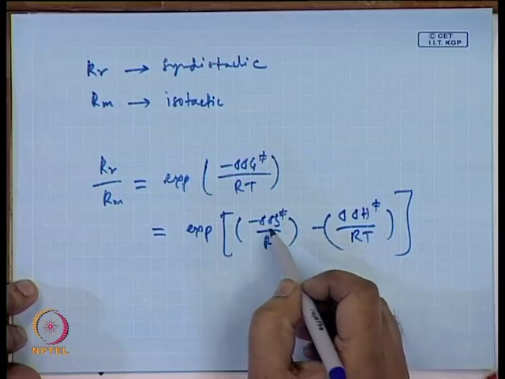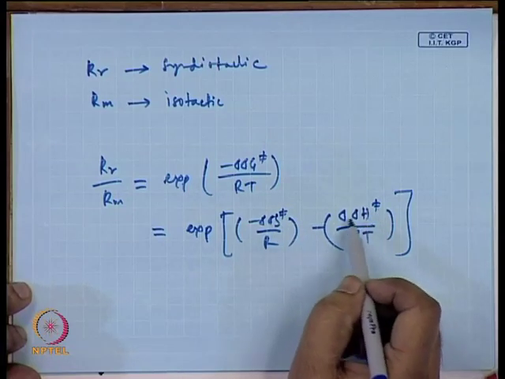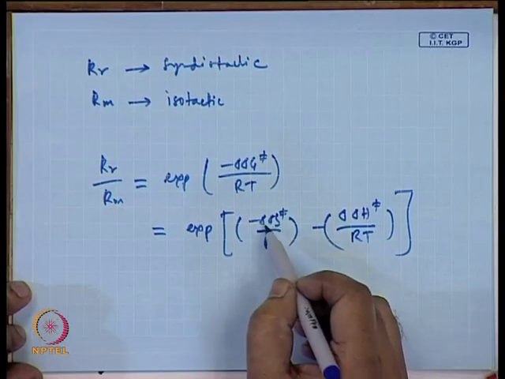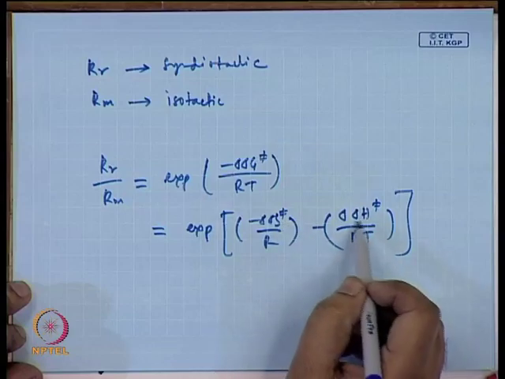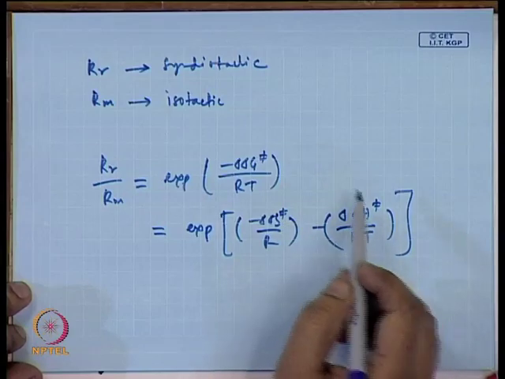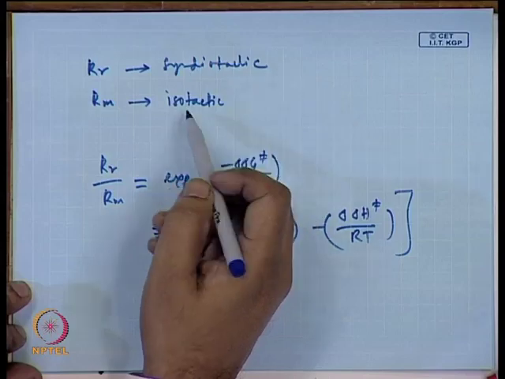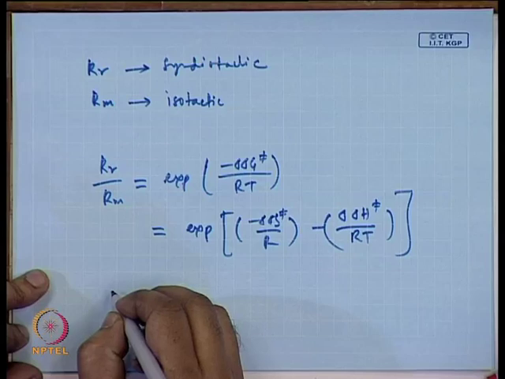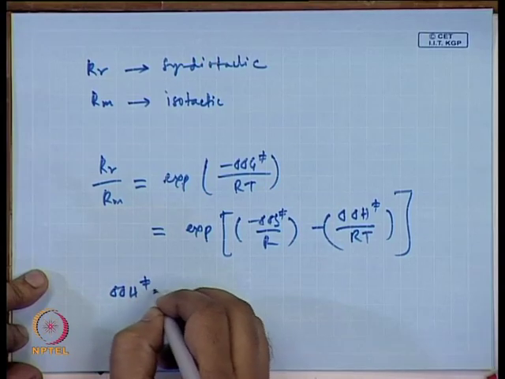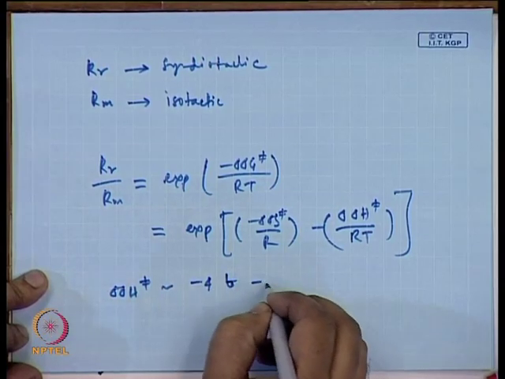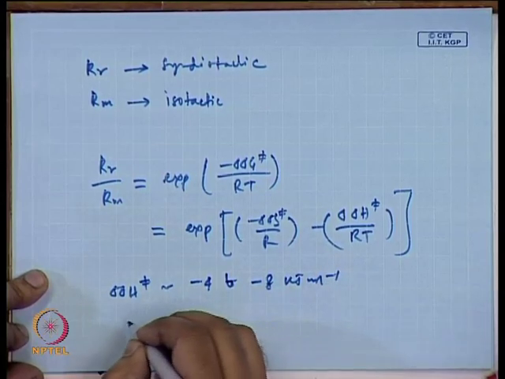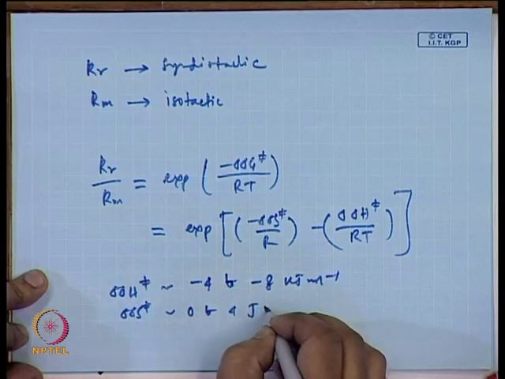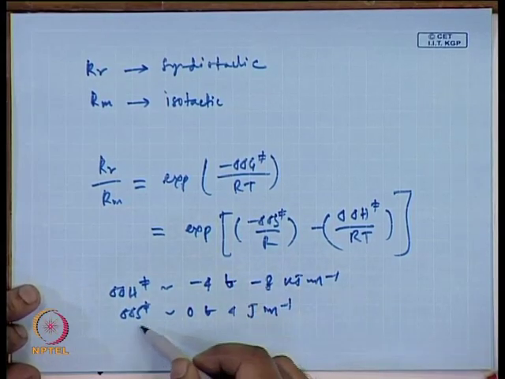Where this delta S star is the difference in the activation entropy, and delta H star is the difference in the activation enthalpy between the two routes, one being isotactic and the other syndiotactic formation. From experimental data we get delta H star around minus 4 to minus 8 kilojoule per mole, and delta S star around 0 to 4 joule per mole per kelvin. So, this is very low.